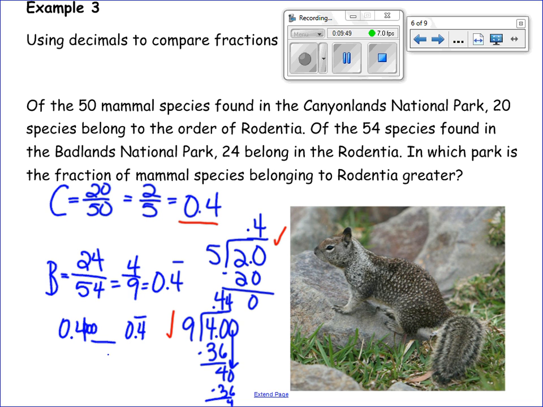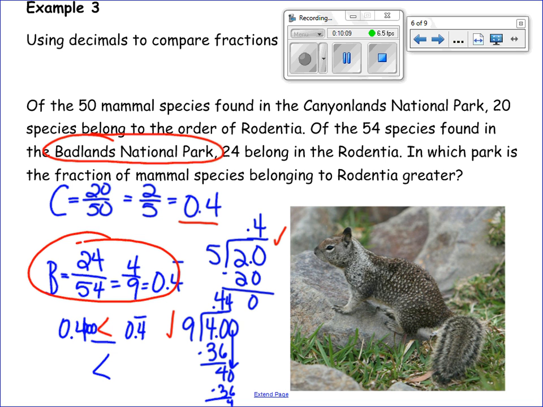So the Canyonlands would be less than the Badlands. The question is asking which fraction is the greater, and I'm going to circle the Badlands National Park because its fraction of 24 over 54 was the greater of the two once we put them in decimal form and compare.